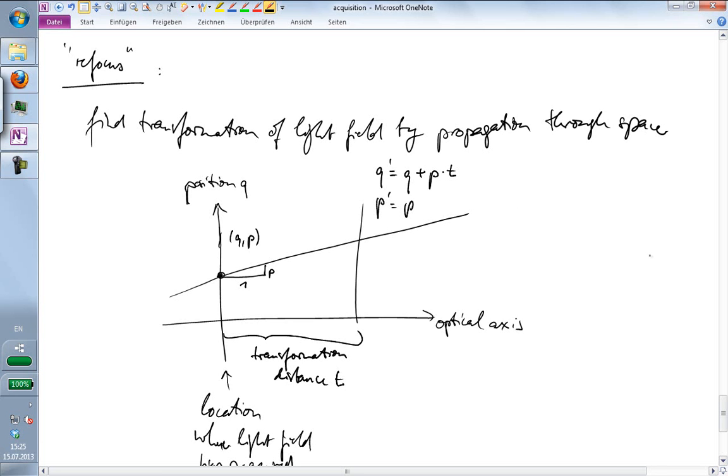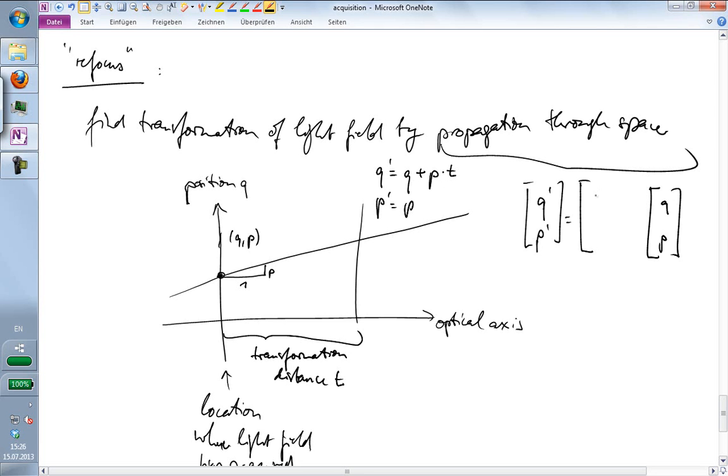So I can say that this propagation through space has the following effect. I get a new q prime and p prime, which is a simple function of the old q and p: a matrix with 1, t, 0, and 1.